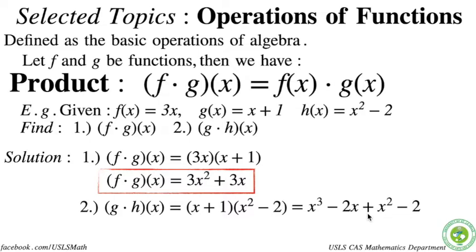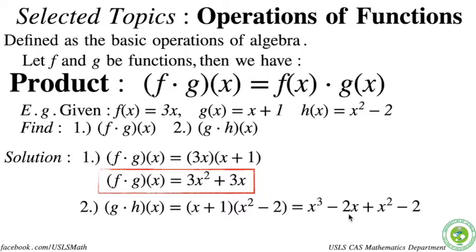After this part, we need to simplify the function by combining like terms. As we can see in this given, we have no like terms since these are x cubed, x squared, x, and the constant term, so we cannot combine them. Remember, like terms can only be combined if they have the same variable and the same degree.